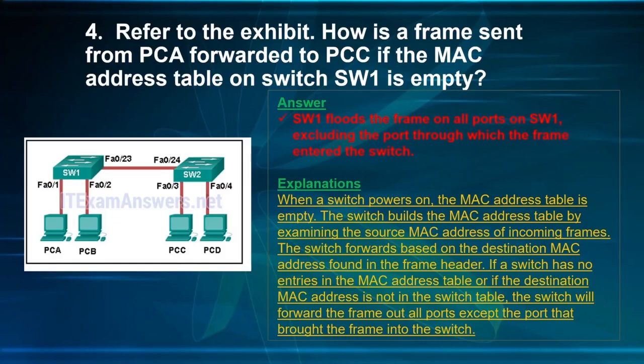The switch builds the MAC address table by examining the source MAC address of incoming frames. The switch forwards based on the destination MAC address found in the frame header. If a switch has no entries in the MAC address table, or if the destination MAC address is not in the switch table, the switch will forward the frame out all ports except the port that brought the frame into the switch.